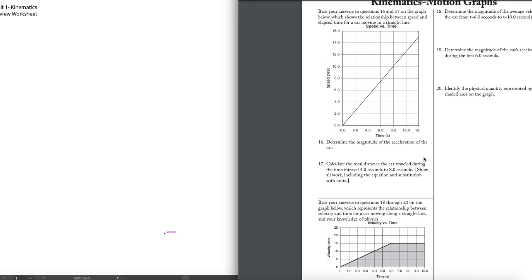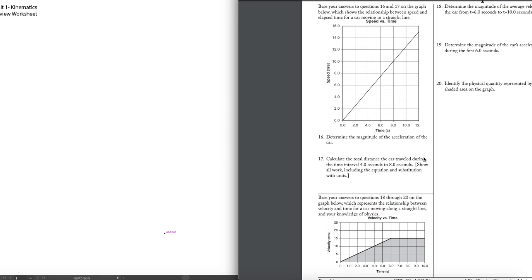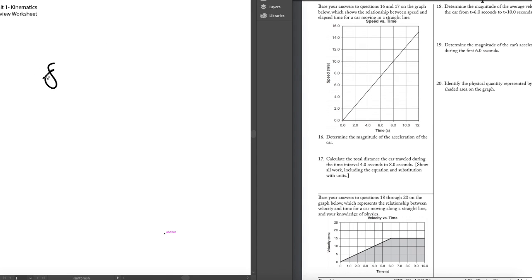Determine the magnitude of the average velocity of the car from t equals 6 seconds to 10 seconds. Isn't this just 15?